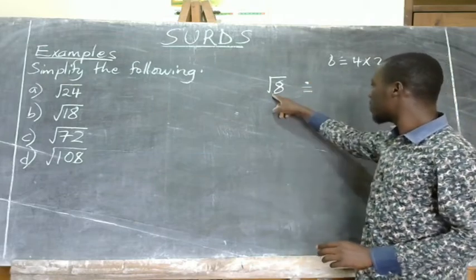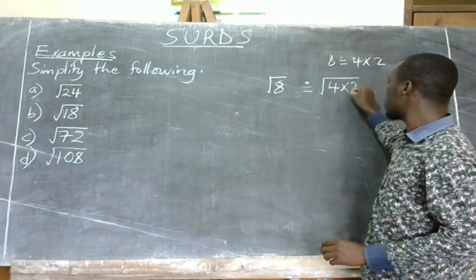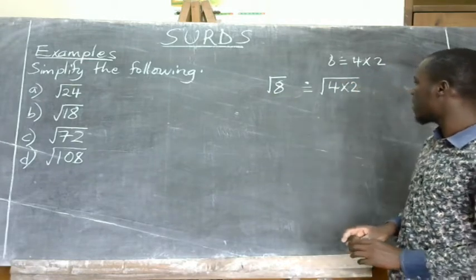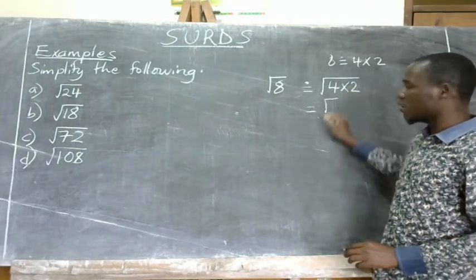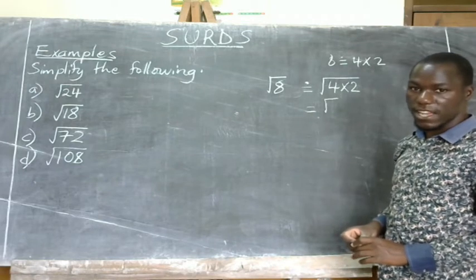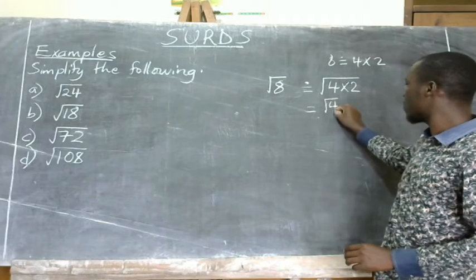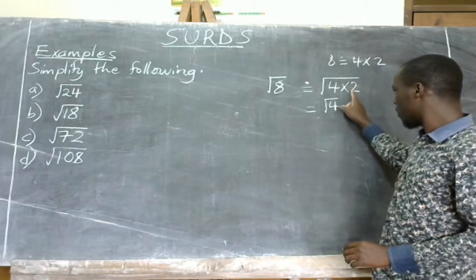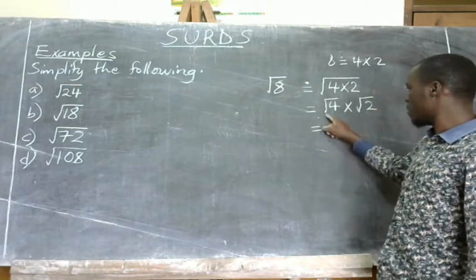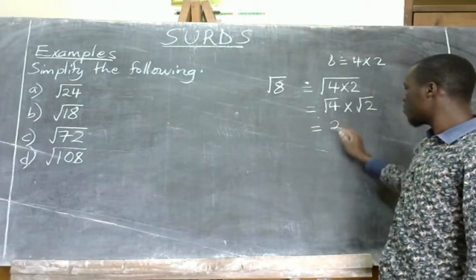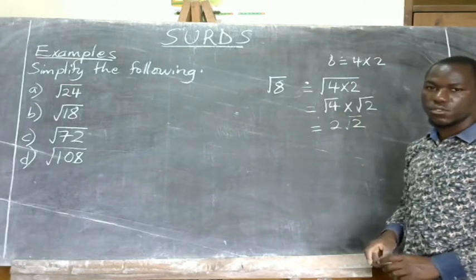Then I'm going to substitute it there, so that is going to be 4 times 2 instead of writing the 8. Then I use one of the laws of surds, that is, I can get root of 4 times root of 2. Then this becomes a 2, and then times the square root of 2.